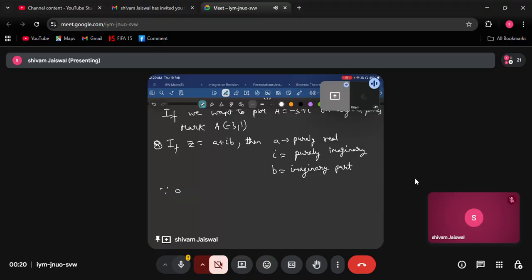And since a is purely real, we can represent all real numbers by putting b equal to 0.